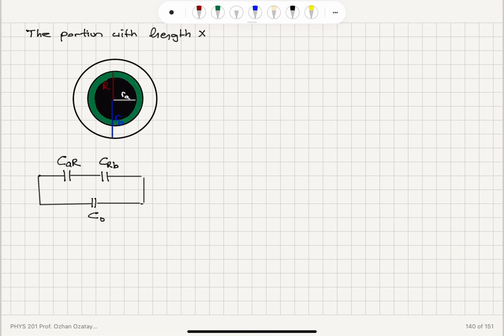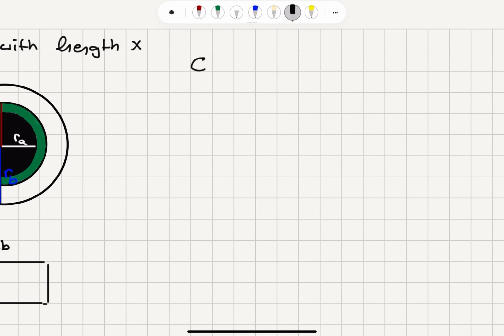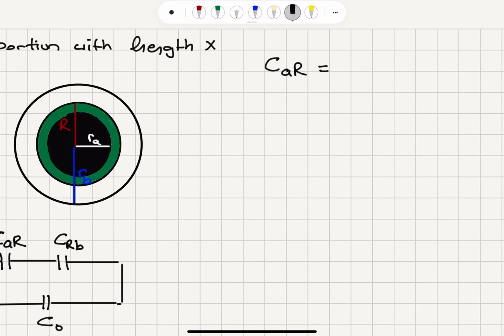If I look at the top view, I can see the solid cylinder in the middle, the dielectric, and then from capital R to R sub B, it's filled with air. Now, what is the capacitance C sub A at capital R? That is the capacitance defined by this solid conducting cylinder at the center and this dielectric at a radial distance, capital R, from the center.